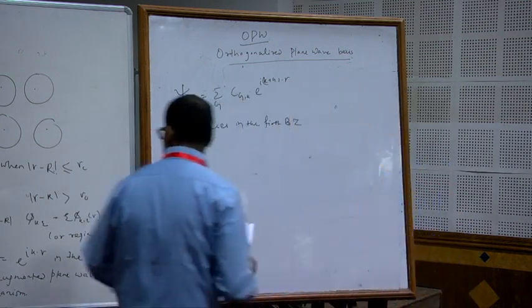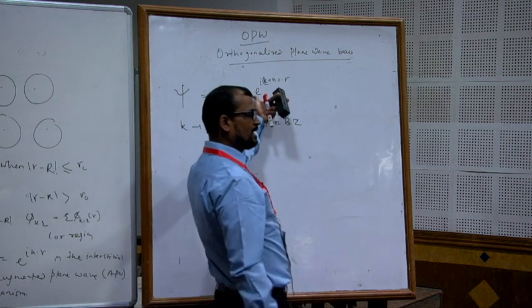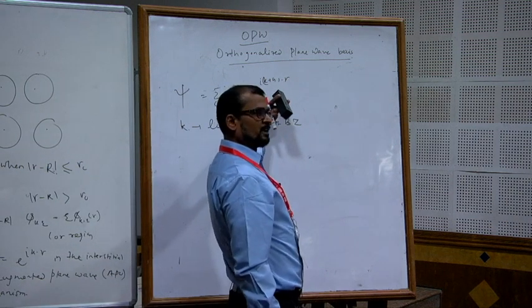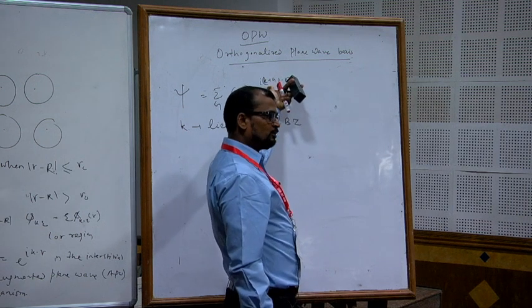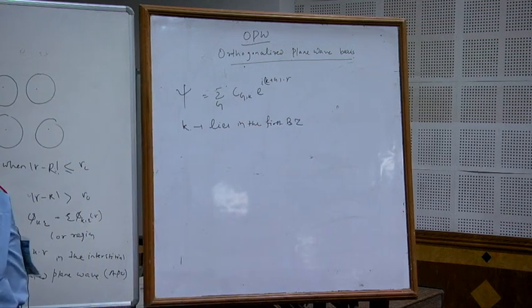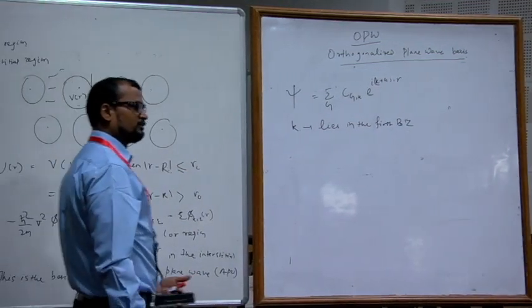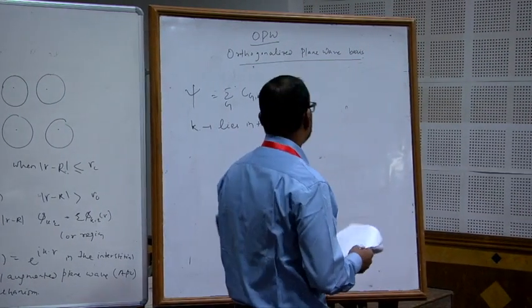So instead of a single plane wave, you need a bunch of plane waves, each associated with a reciprocal vector G and has a crystal momentum k. Those bunch of plane waves augmented with the radial component of the wave function together will form the basis, right?